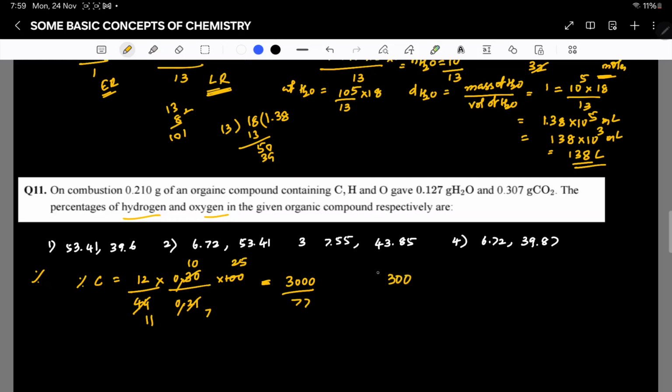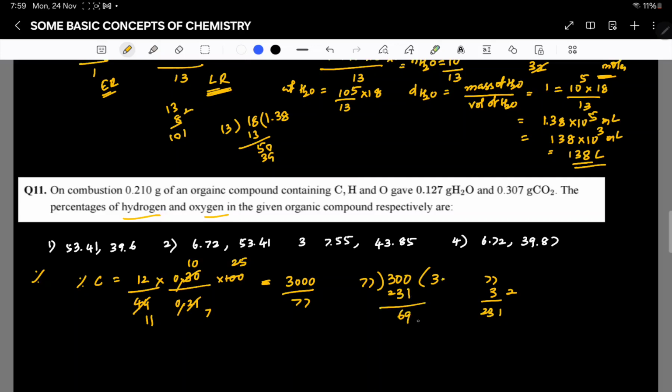First we will take 300, then we will multiply with 10. 77 3 ja 231, so the remainder will be 69.